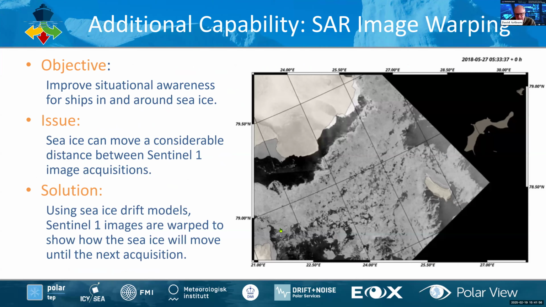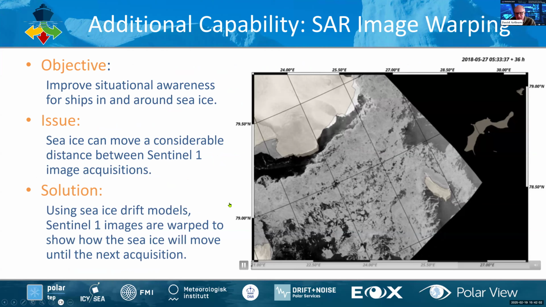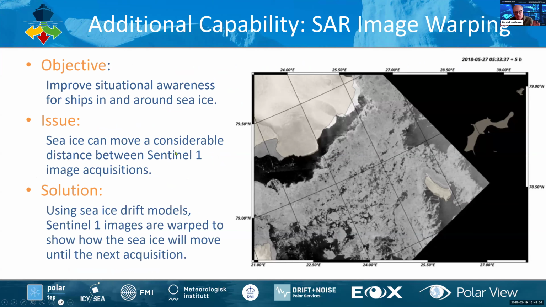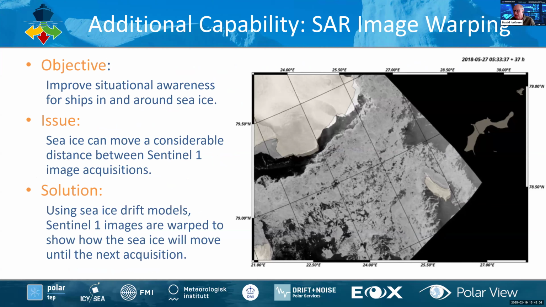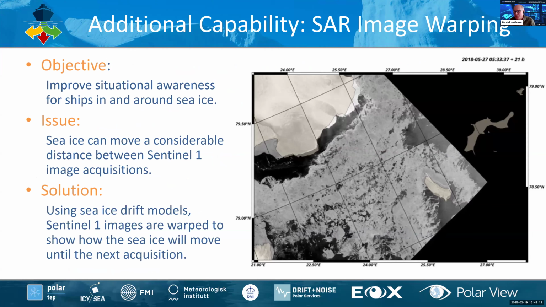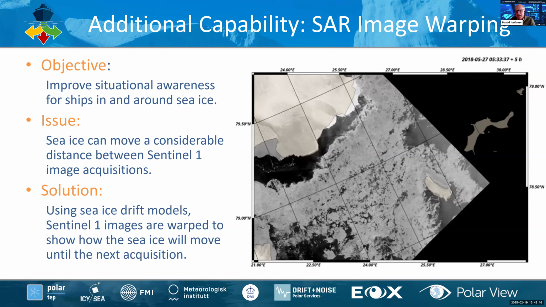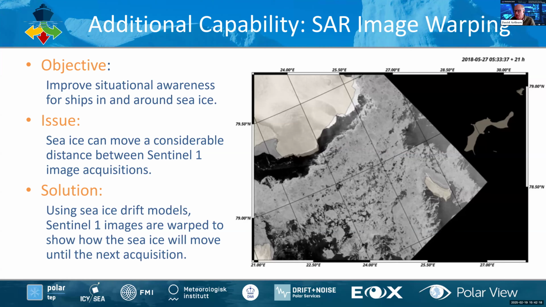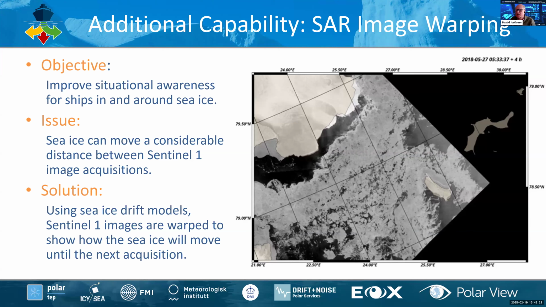And finally, right now you get a Sentinel-1 image, and then sometime later, a day or two, you get another Sentinel-1 image. Things change quickly in sea ice environments, and sometimes it would be helpful to get a guess at where the sea ice is going to go.